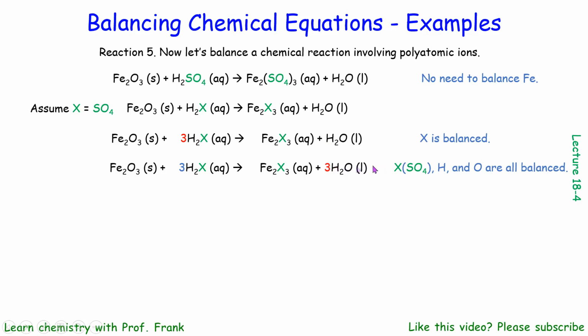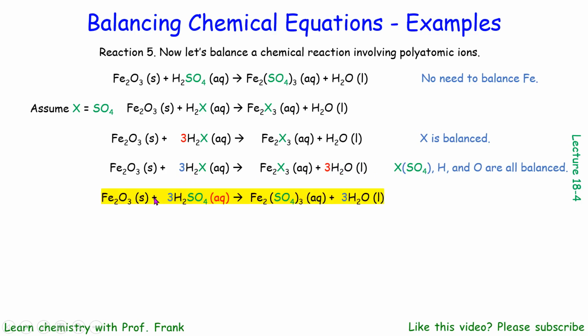Now you see X is balanced, and the number of hydrogen atoms is also balanced. Oxygen atoms, balanced. Great. Remember, we assume X equals SO4.